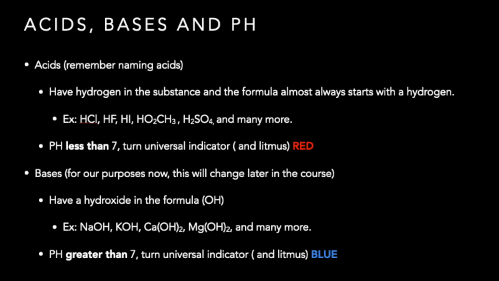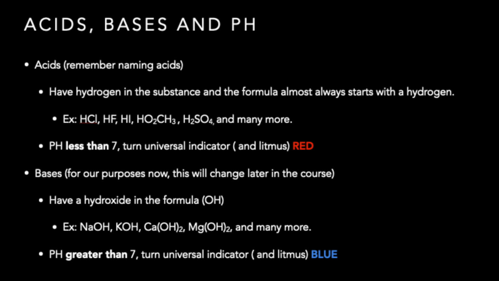Remember, when we see acids, what we're looking for in the chemical formula is for it to start with an H in most circumstances. HCl, HF, HI, HNO3, CH3COOH, H2SO4. These are all acids that we learned when naming substances. They all have pHs of less than 7, and they turn universal indicator, or litmus, red.